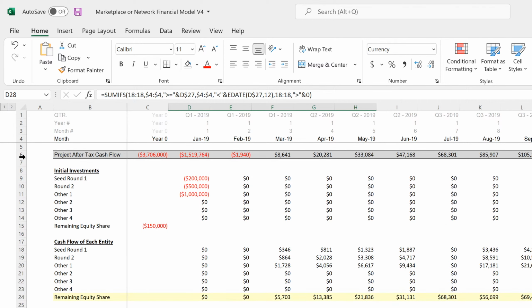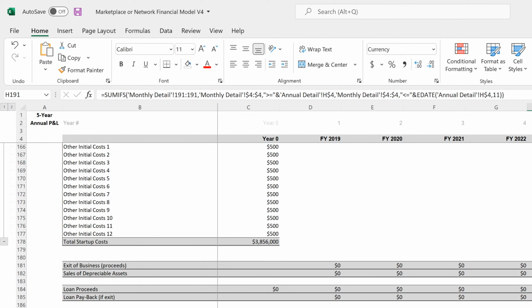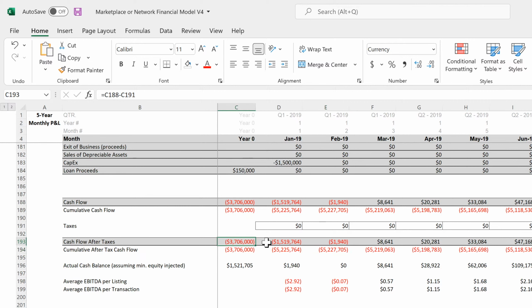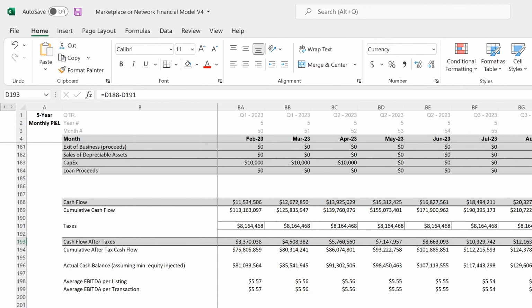So if we sum this 429, what does this match up with? So this is taking monthly detail 193. Cash flow after tax, okay, that makes sense. So this 429 matches that.